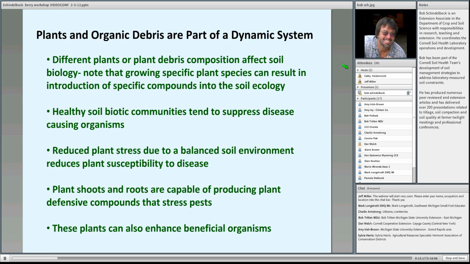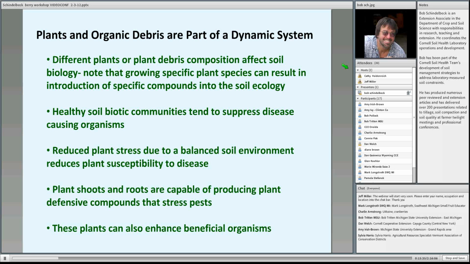But at the same time, when we build the soil with a cover crop, we're also keeping in mind that by making a healthier plant, we can sometimes simply outgrow a low level of disease organisms in the soil.